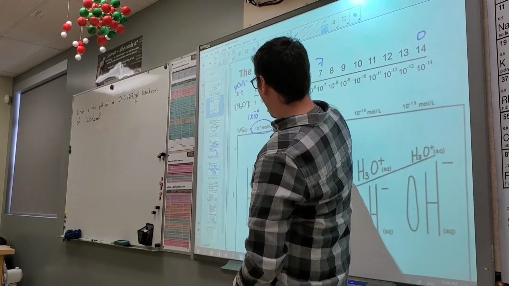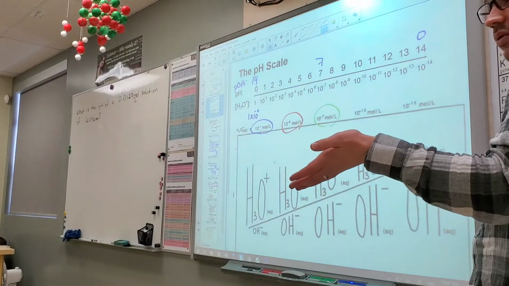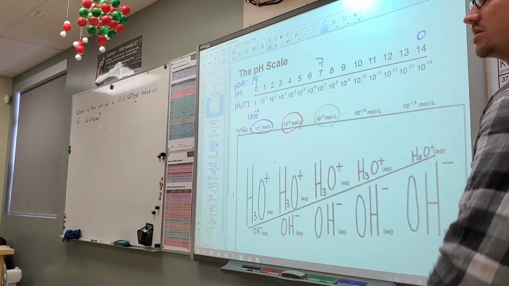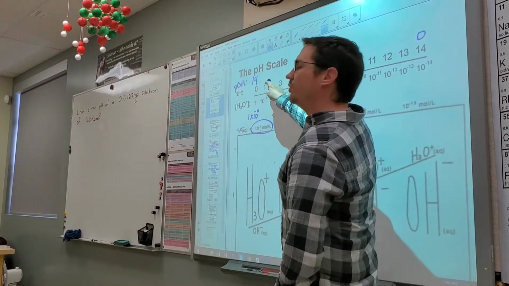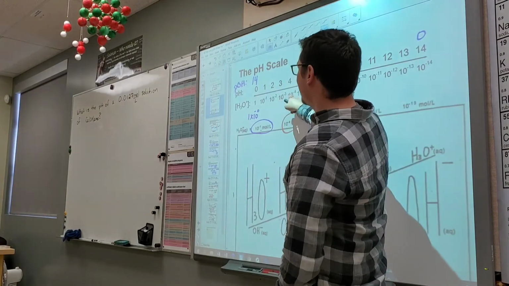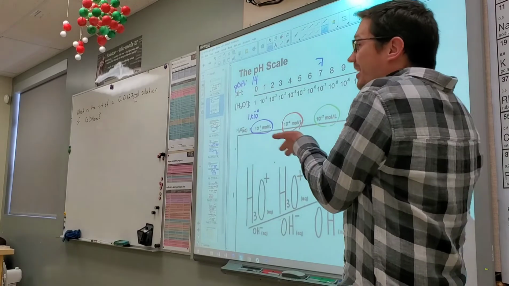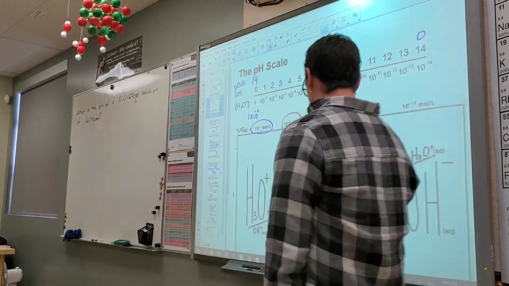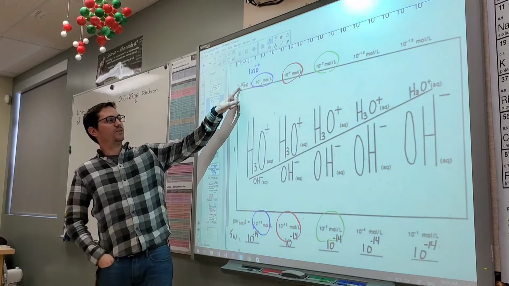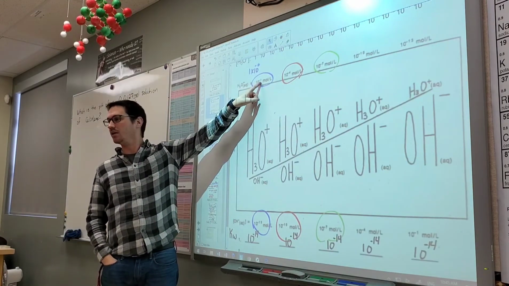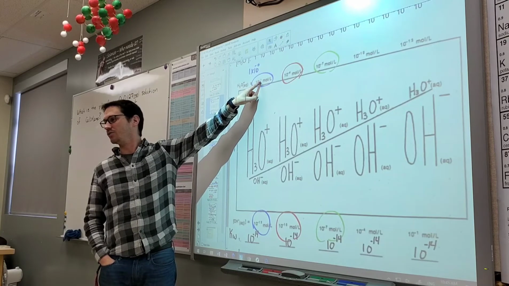Do you see how the power stays the same as the pH the whole time? This is a mathematical relationship between these two things. So every pH unit decreases 10 times the concentration of hydronium, or increases 10 times the amount of hydroxide. So if my concentration of hydronium was 10 to the negative 1, what's the power on this hydronium concentration?